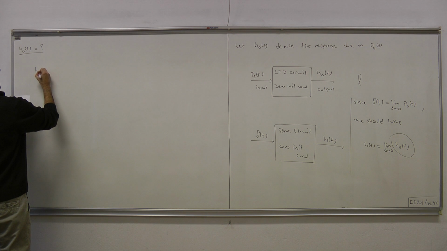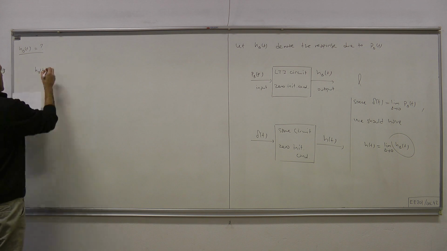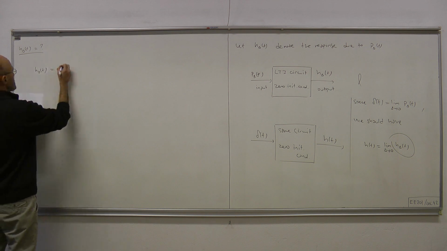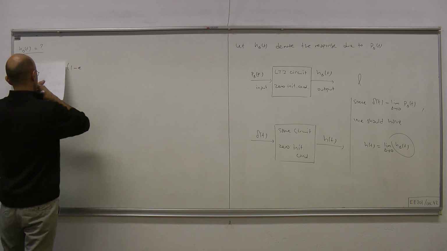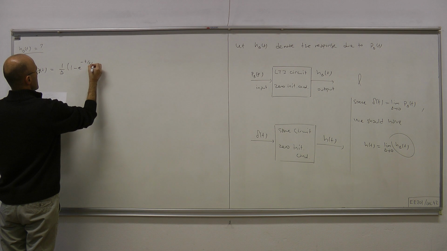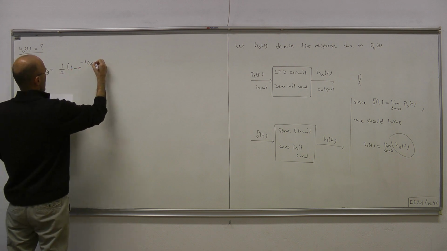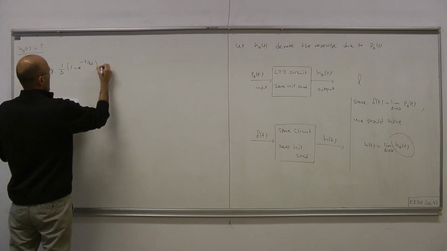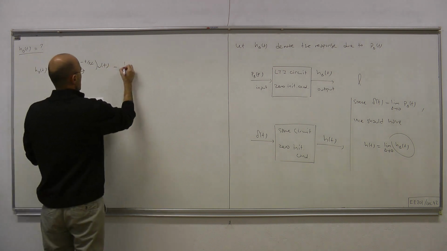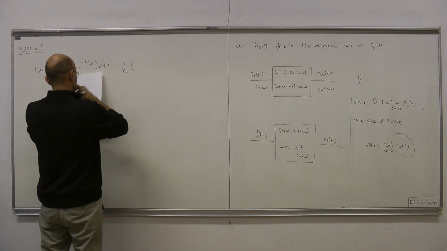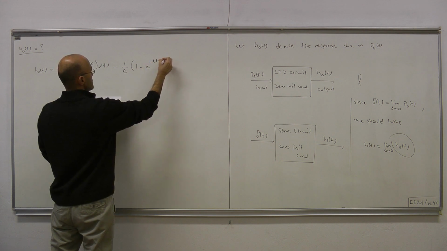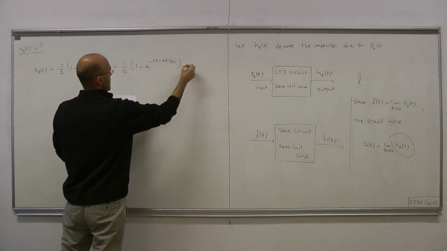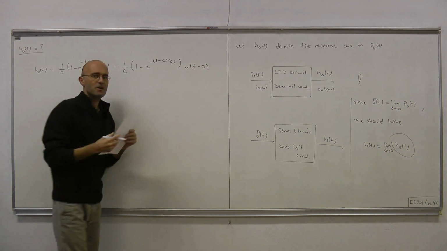In any case, we can write the pulse response as the following difference: 1 over delta times 1 minus e to the minus t over RC, u of t, minus 1 over delta times 1 minus e to the minus t minus delta over RC, u of t minus delta.